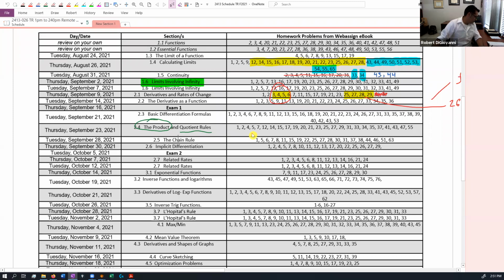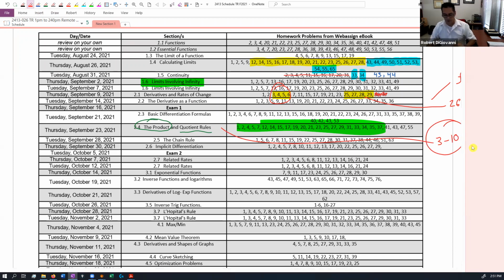That's about it. Everything else is quotient rule pretty much. So don't do any of this right now. Just do 3 through 10 if you want some practice for today. Those are the only ones that are products. This is for 2.4, yeah.